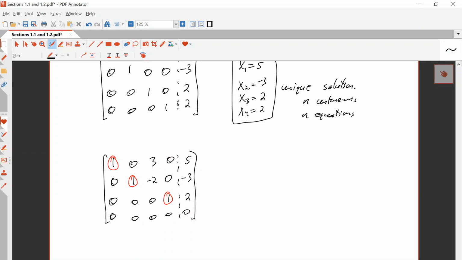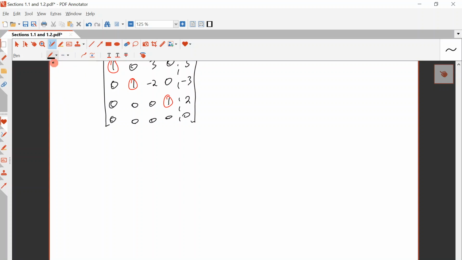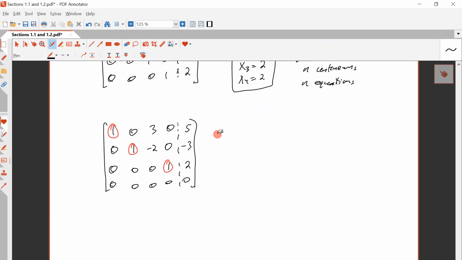So we've got 4 unknowns, x1, x2, x3, x4, and 3 equations. So we're going to have 4 minus 3 equals 1 free variable. Which one is it? It's the variable corresponding to the column that doesn't have a leading coefficient in it.